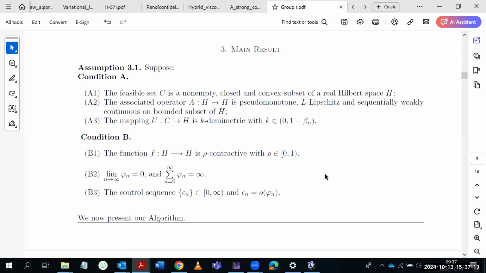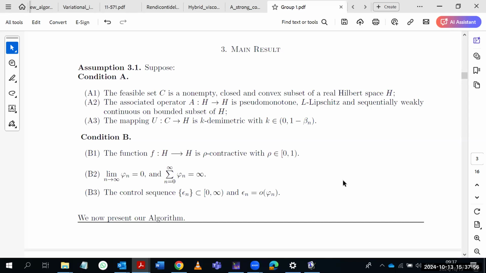So our main result, we have the following assumptions that we are going to look into. From assumption A, the feasible set C is a non-empty, closed and compact subset of the Hilbert space H. The associated operator A, H maps to H, is monotone, Lipschitz, and sequentially weakly continuous on the bounded subset of H. Those are the conditions we are going to work on.